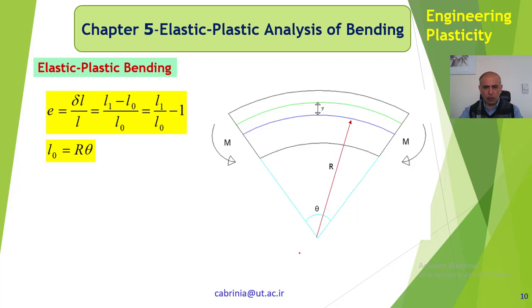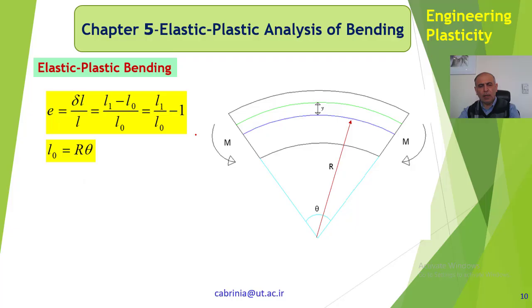Now, from this geometry, we said that the blue fiber neither extends nor shortens, so it is equal to the original length. So the original length is equal to r theta, because in this geometry that we have shown, r times theta is equal to L0.